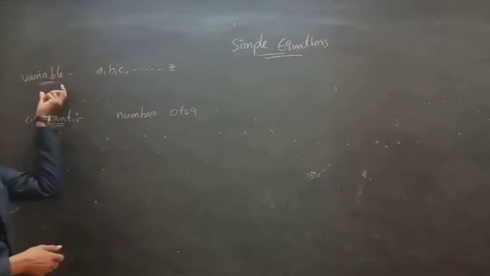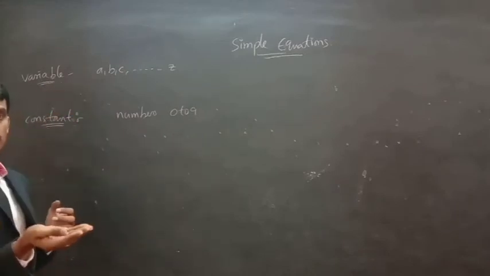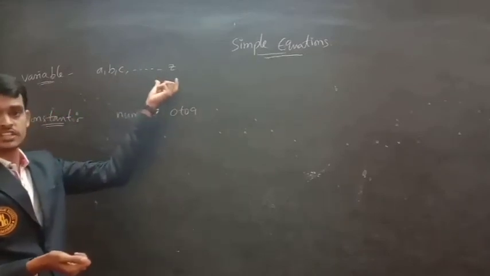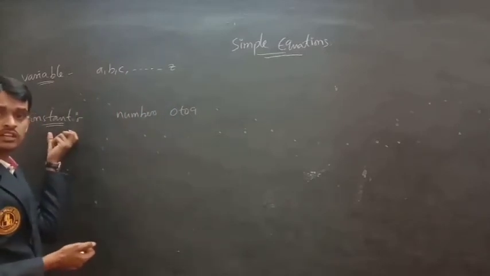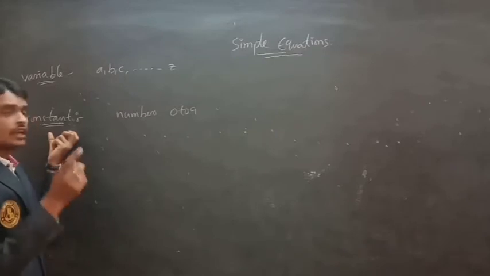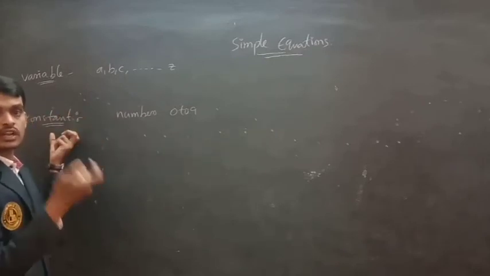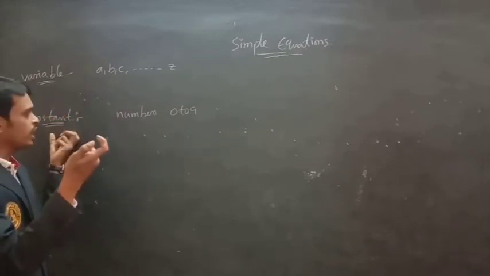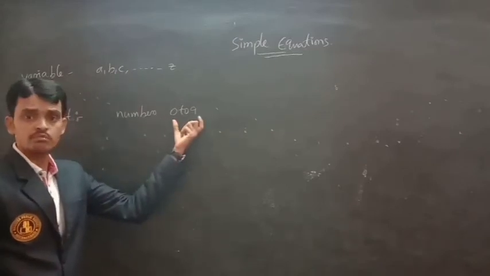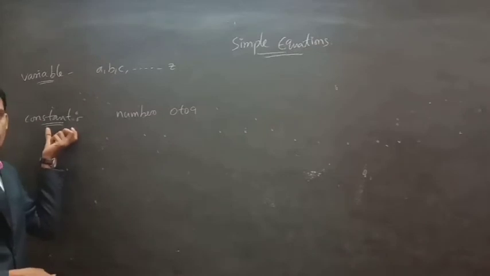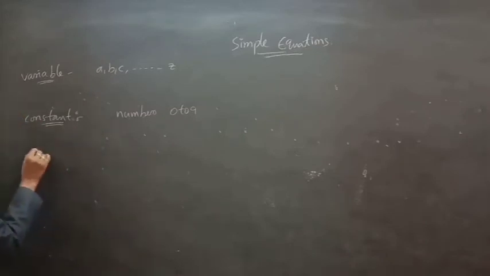So a variable takes different values, and we use letters A, B, C, D to represent it. A constant never changes its value; its value is fixed.